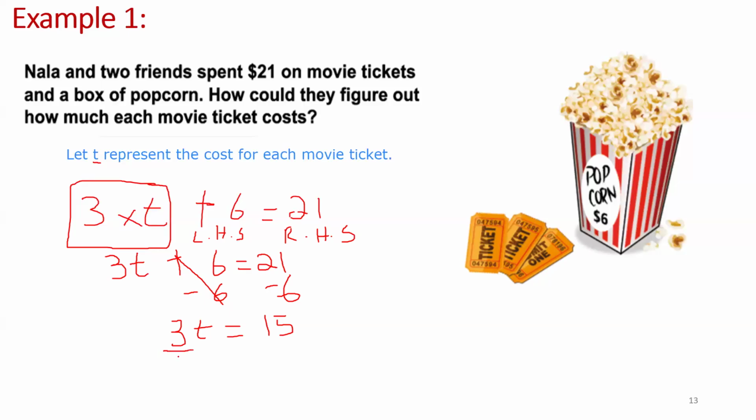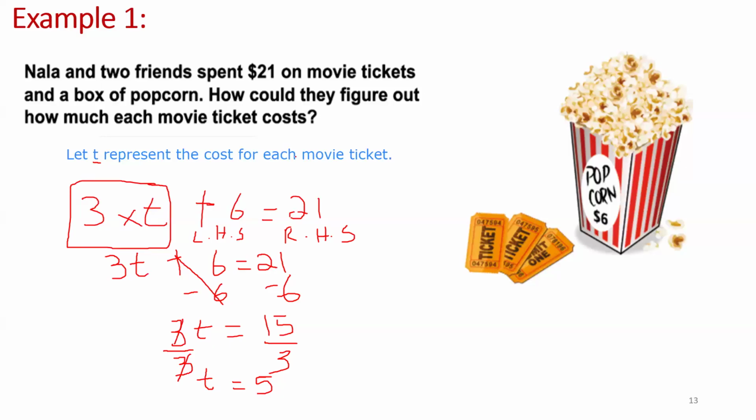So here we divide by 3. If we divide the left by 3, we do the same thing to the right. So the 3 cancels, and we are left with t equals, and when we divide 15 by 3, we get 5. There are 5 groups of 3 in 15. So the value of t here is 5.